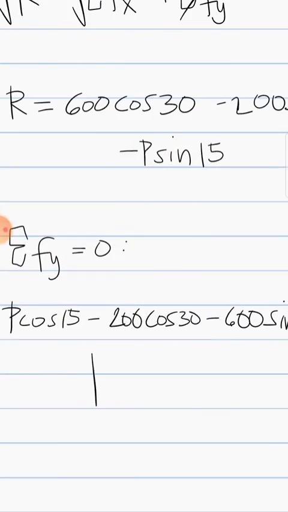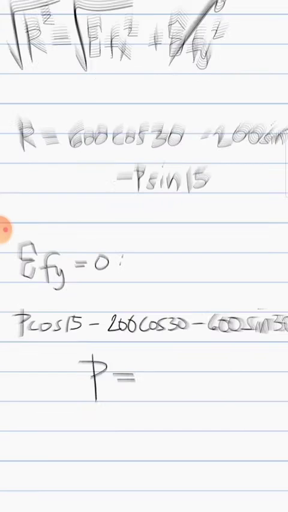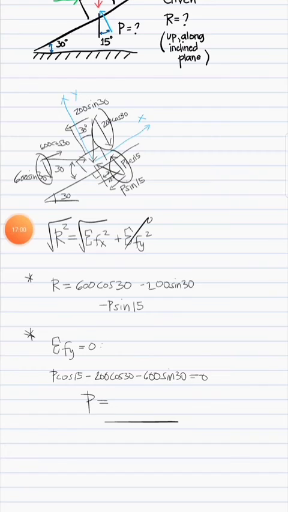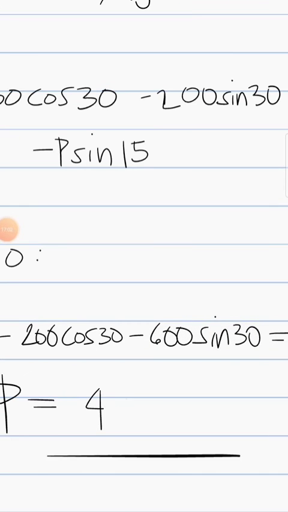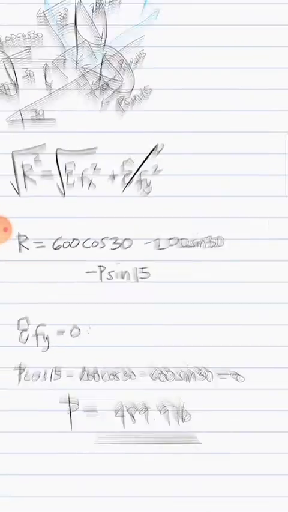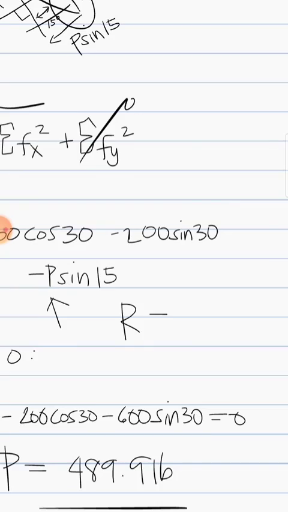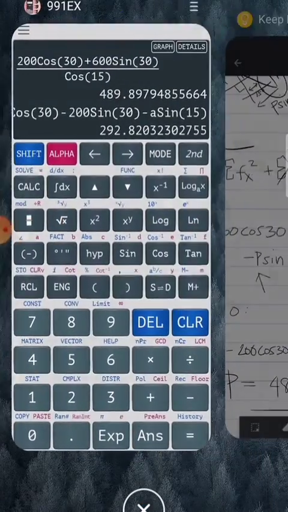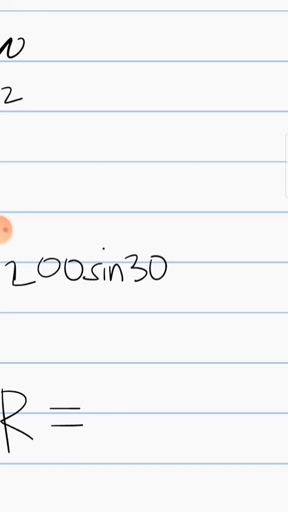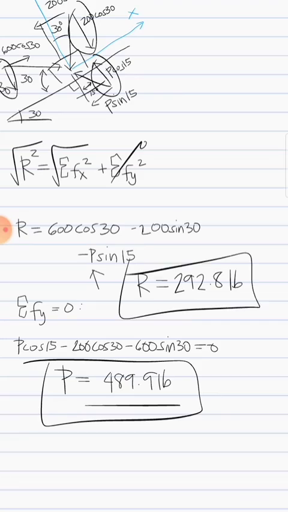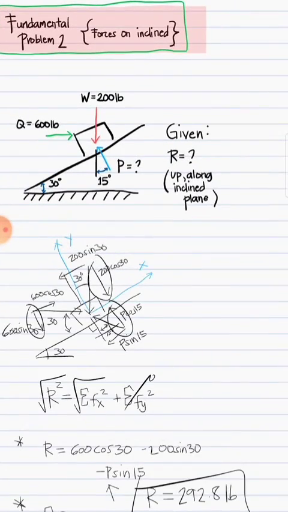If we get our calculator and plug this all in, we should get the value of P as 489.9 pounds. Then substituting that P into this equation, R should be 292.8 pounds. So these are the values of P and R we were tasked to find.